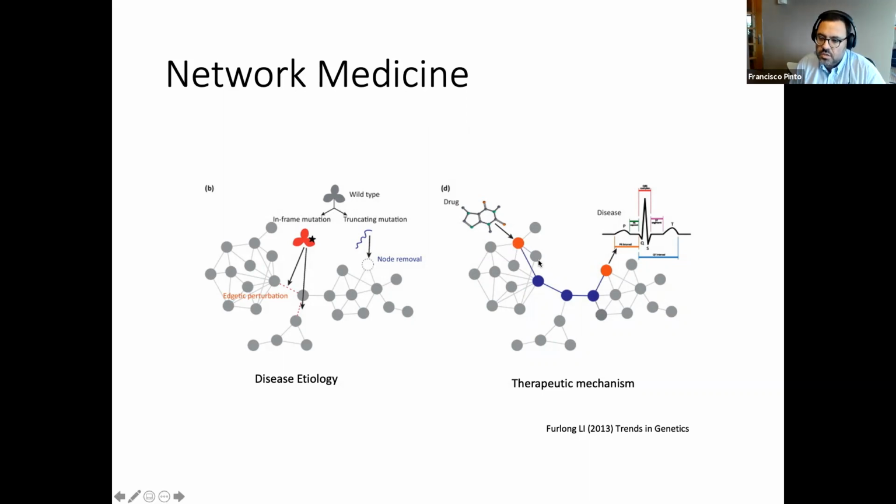And using the network of biological interactions, we can check how perturbing these nodes in the network will affect other nodes that we know are associated biologically, because we already know the function of that gene that is associated with a phenotype of that disease, for example. So we can try to explain how a drug has a significant effect on that disease using network biology.